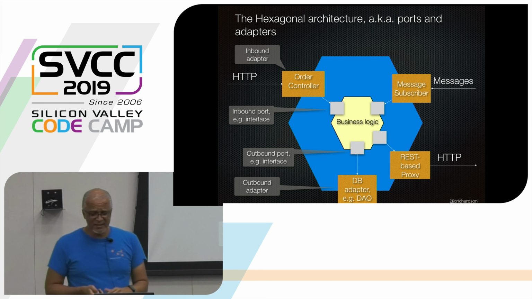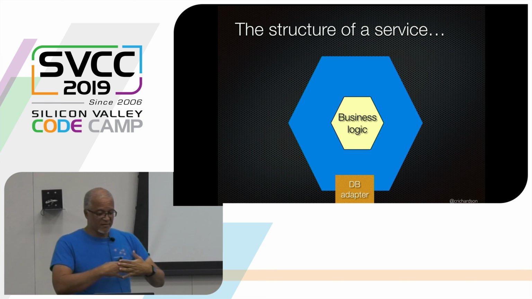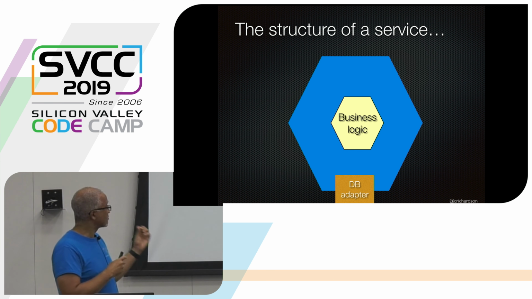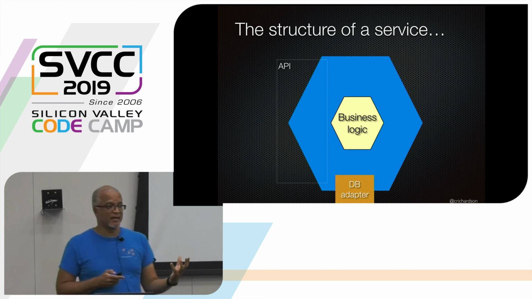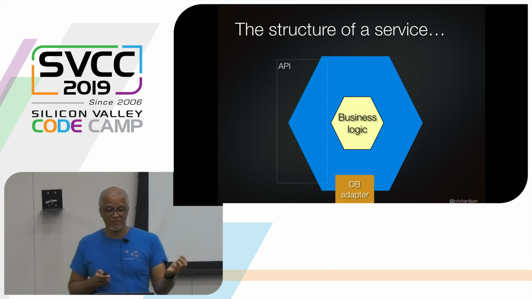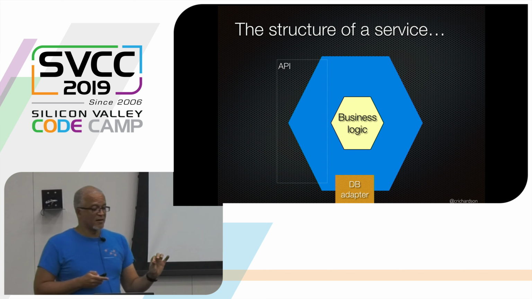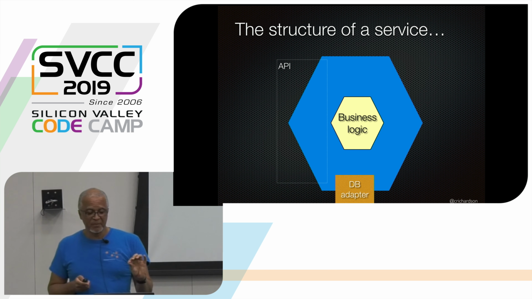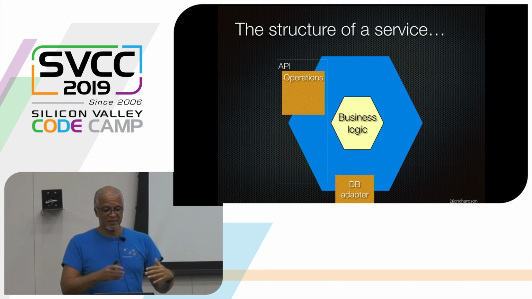Now, in terms of actual details, the reason for a service to exist is to expose an API to its clients. That's its whole reason for existing. Now, the API of a service consists of two parts. The first part is the operations that can be invoked.